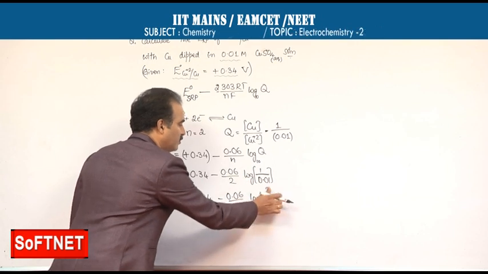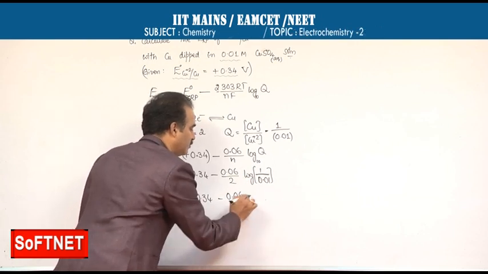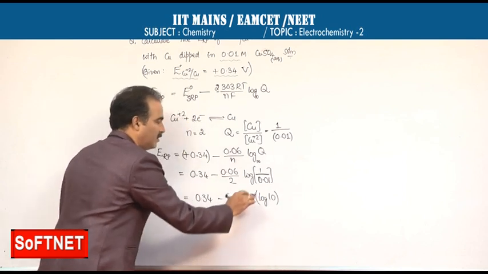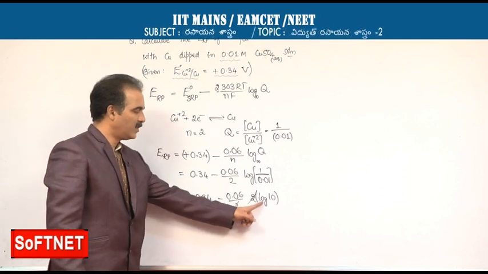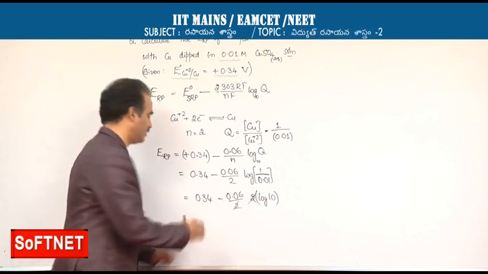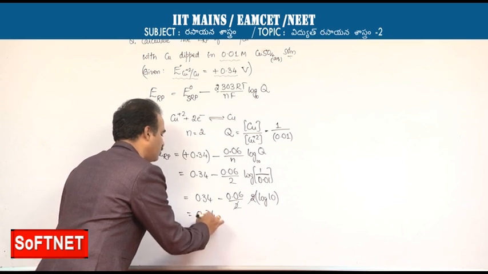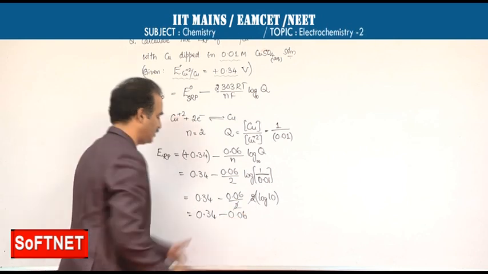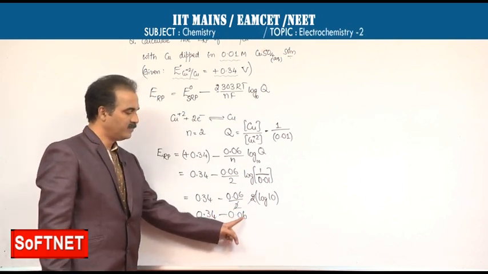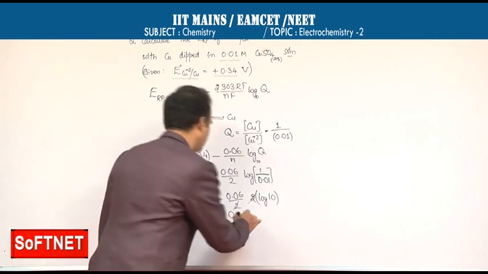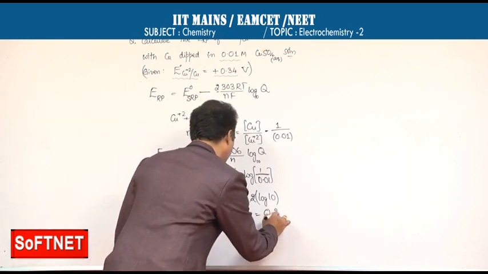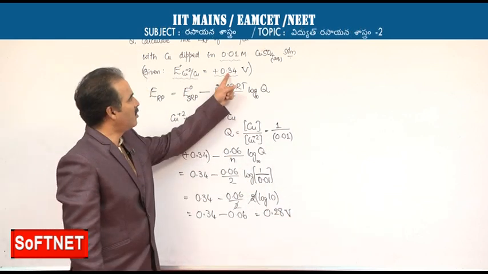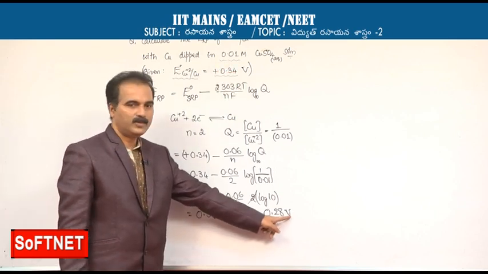So, this whole value we can rewrite as 2 log 10, and as log 10 is 1, this 2 gets cancelled. This is 1 multiplied with 0.06. So, the overall value comes out to be 0.34 minus 0.06. From 0.34 we subtract 0.06, and that value will be 0.28 volts. So, the reduction potential of this copper electrode will be 0.28 volts.